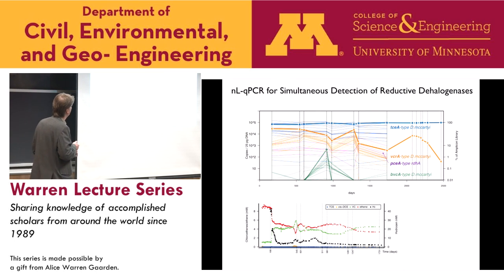And we also saw here, which was really exciting, for a short period of time, the rise and death of a BVCA-type Dehalococcoides, which is also a vinyl chloride reductase, but it's less frequently found. So we would have never seen this kind of population dynamics if we couldn't resolve the genes in the system.